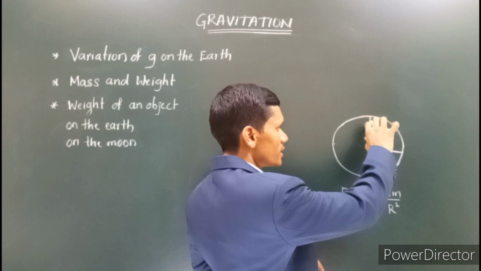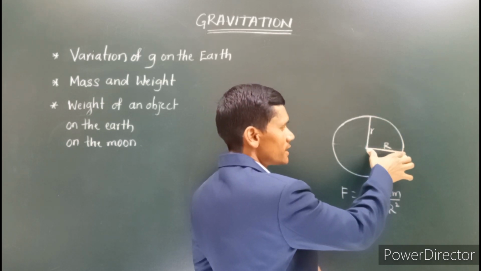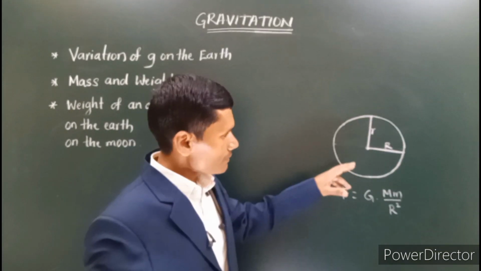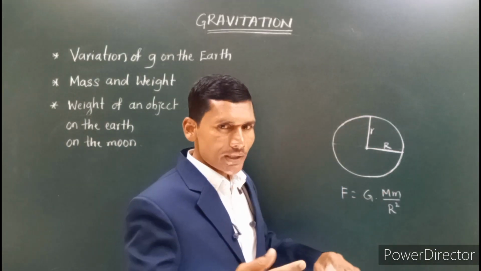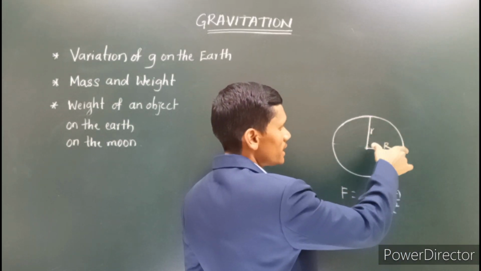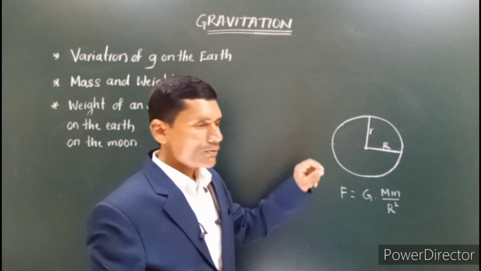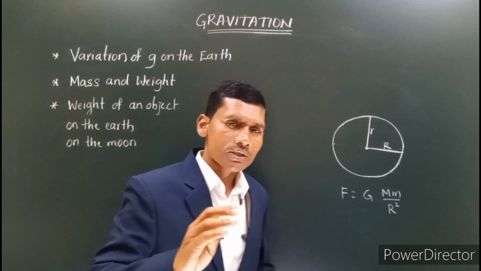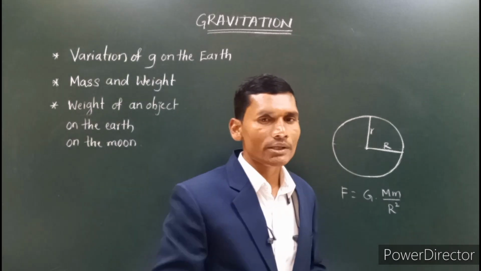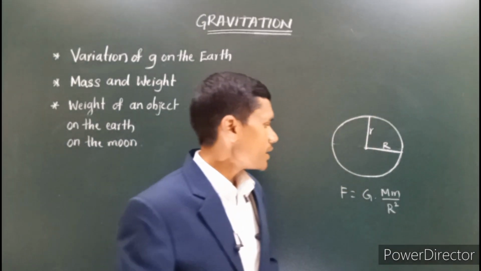Here distance reduces, force increases. Here distance increases, force reduces. It means acceleration due to gravity is more at the poles and less at the equator, right? Because of that we can say g is not constant everywhere on the earth. It is different at the polar region and it is different at the equator.